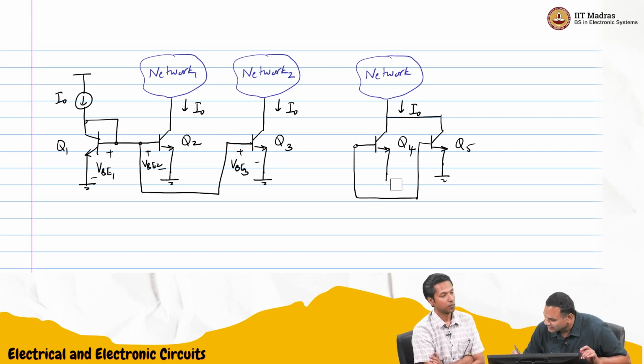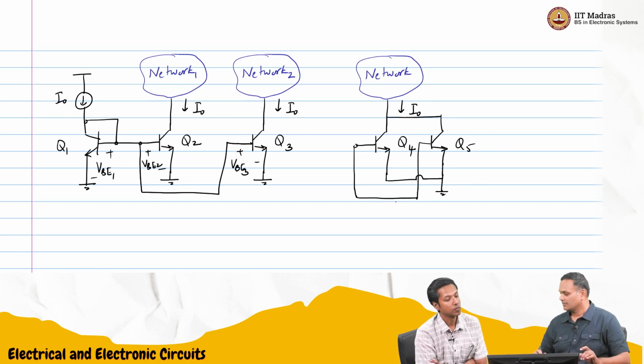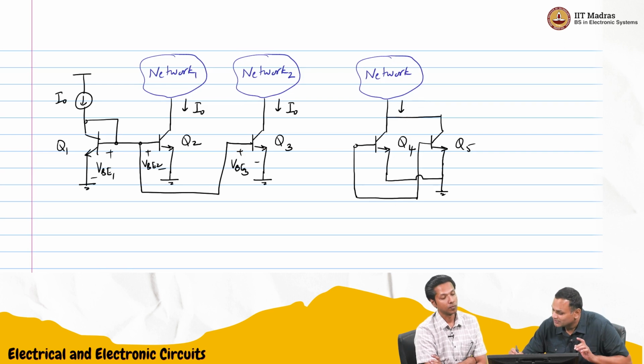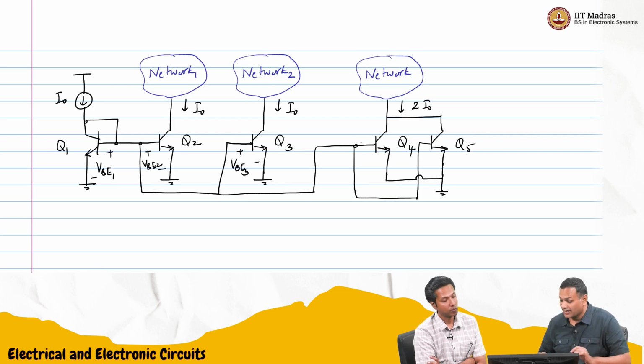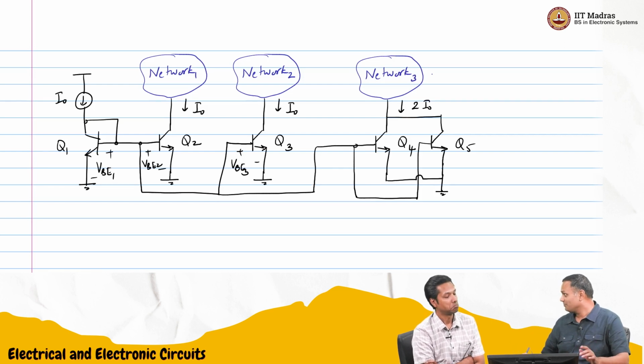In fact, let me show that explicitly. Then what happens? This current will become 2 I0. So I could do this also. So this current mirror is a very useful circuit. I can make fractions of the current. I can make multiples of the current. I can do many things. So you can mirror the way you want.